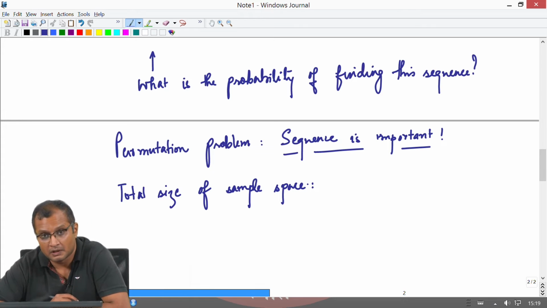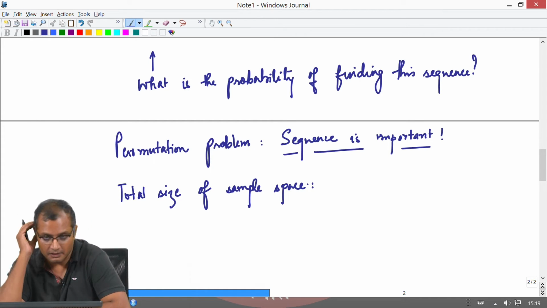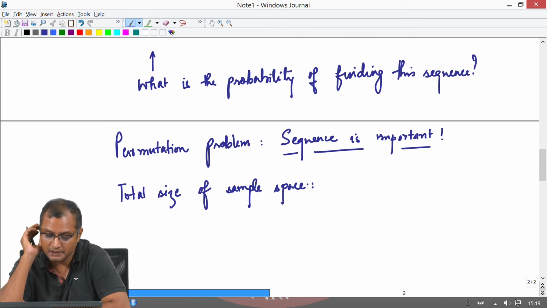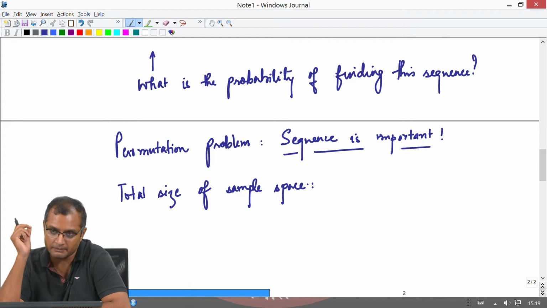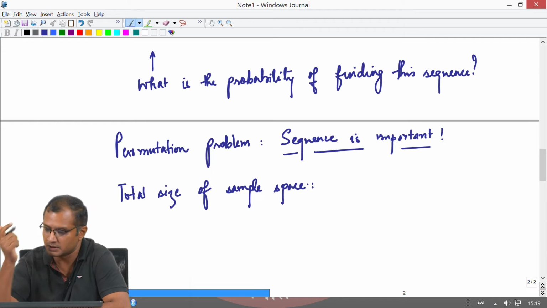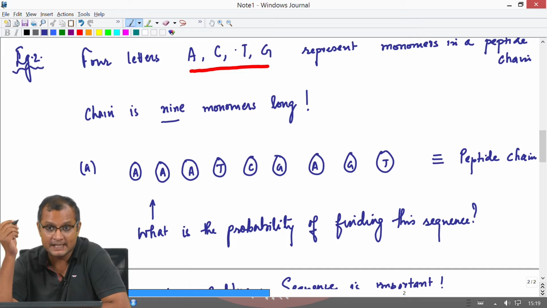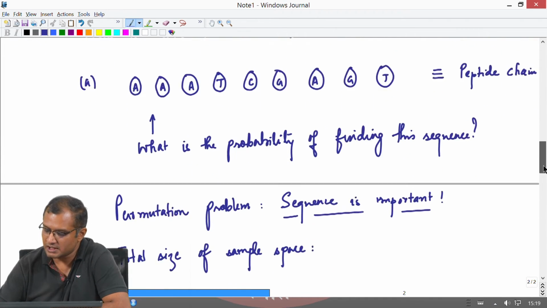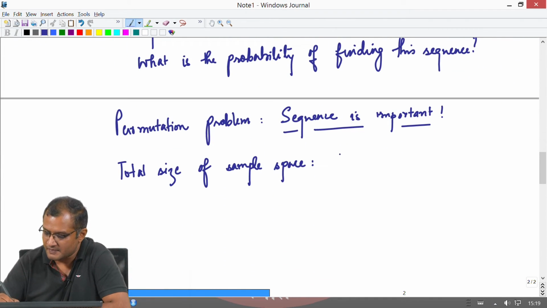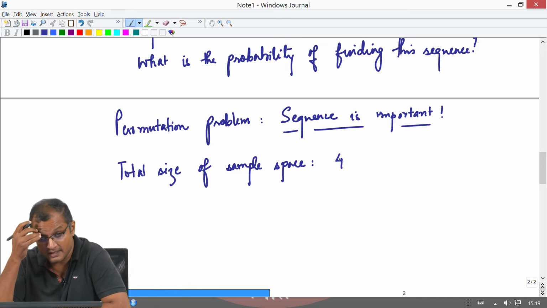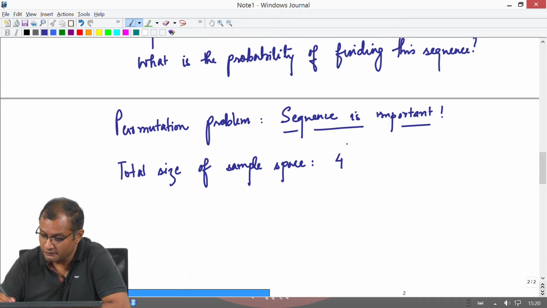Okay. Now, since there are 9 monomer units, each of them can be taken by these 4 monomers A, C, T and G, which means the total number of realizations that I can construct is 4 to the power 9. Okay.